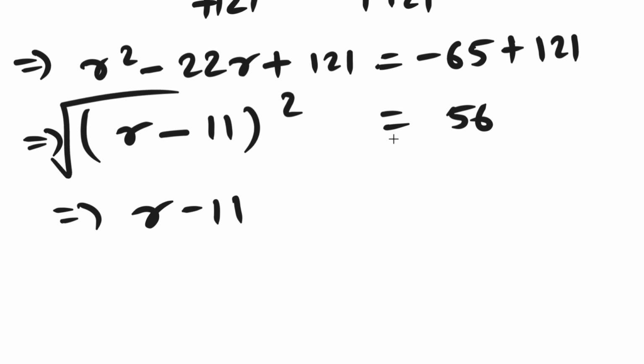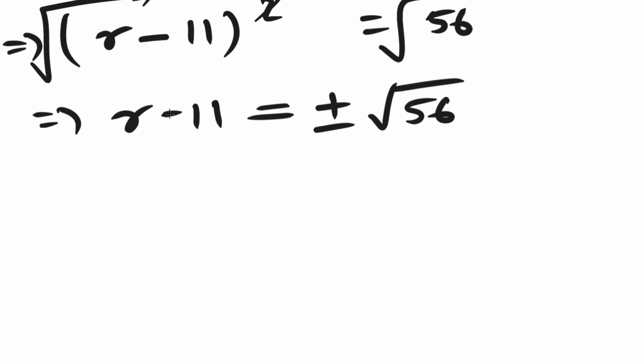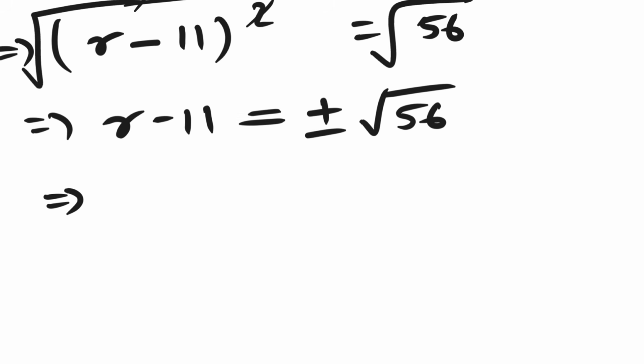Now take the square root of both sides. Remember, when we take the square root of a squared quantity, we have to consider both the positive and negative possibilities. So, R minus 11 equals plus or minus the square root of 56. We can simplify the square root of 56 because 56 is 4 multiplied by 14.